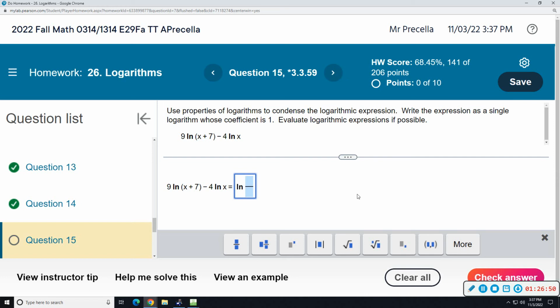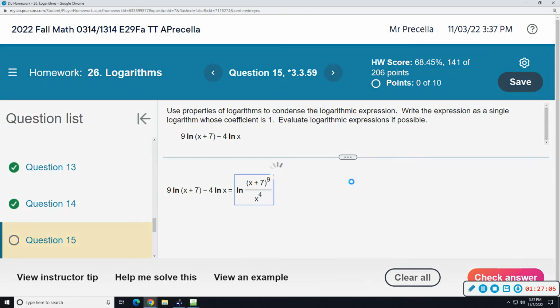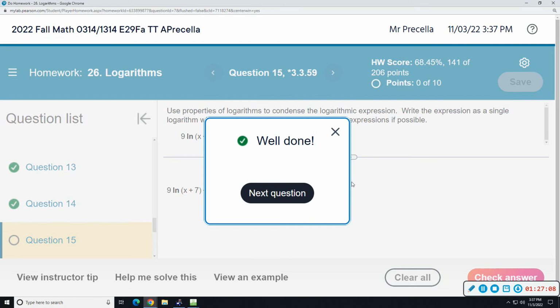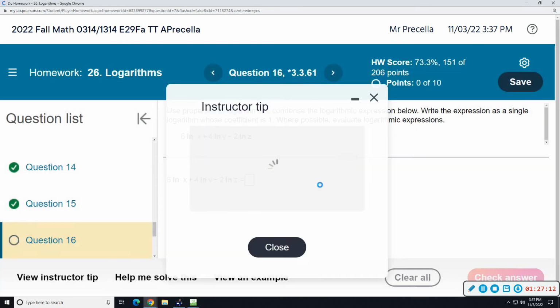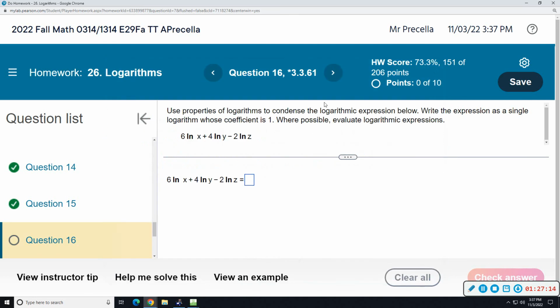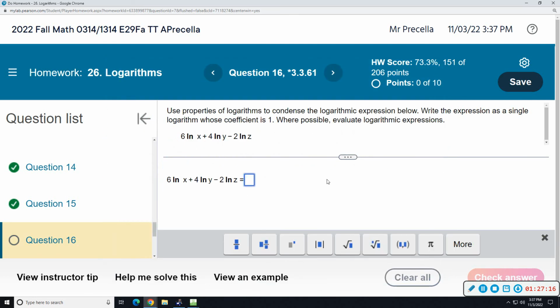And remember I said if it's a plus or minus, enclose it in parentheses. x plus 7 to the 9th power. On the bottom, x to the 4th power. I agree. Could you have seen yourself doing this yesterday at this time? It's really not hard, unless you view an example.